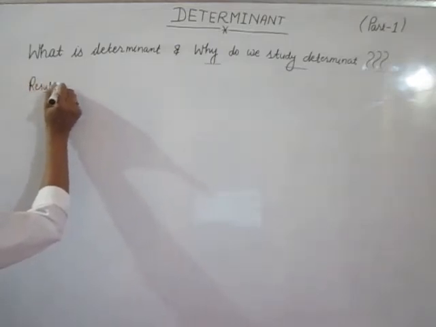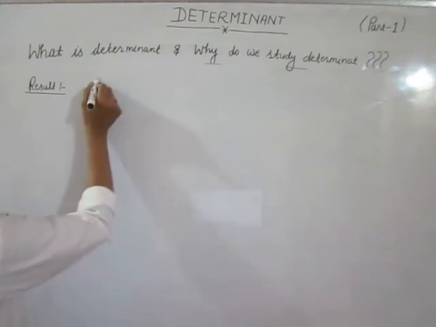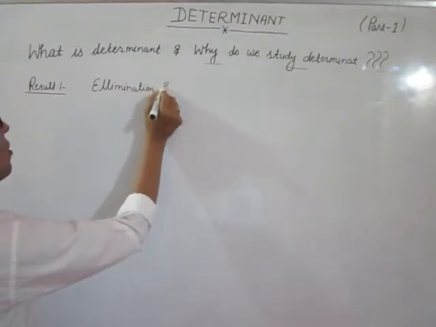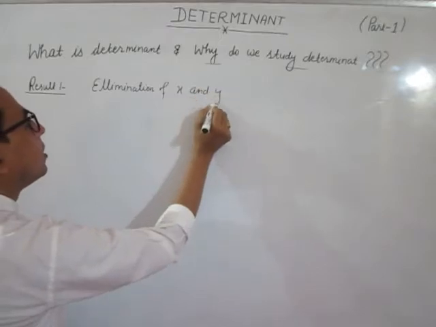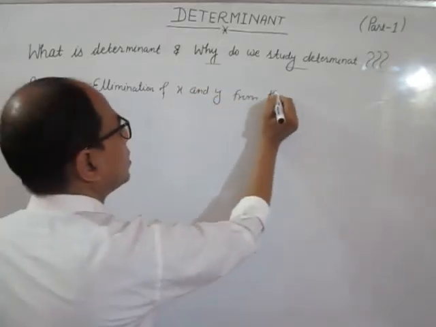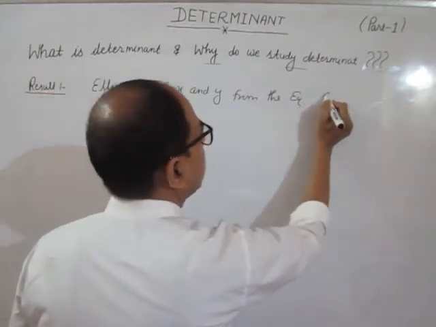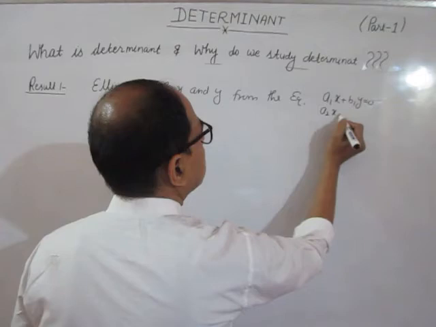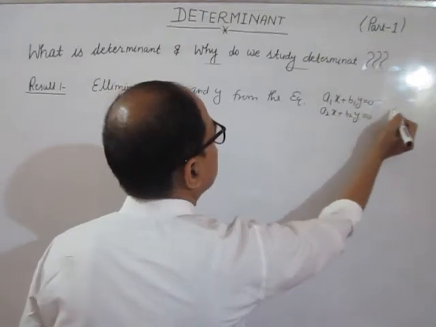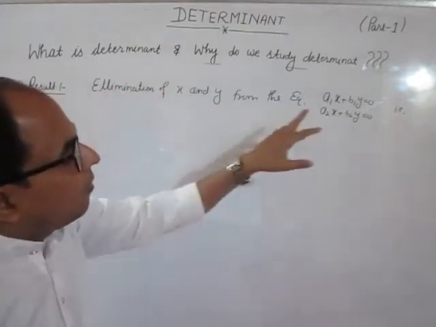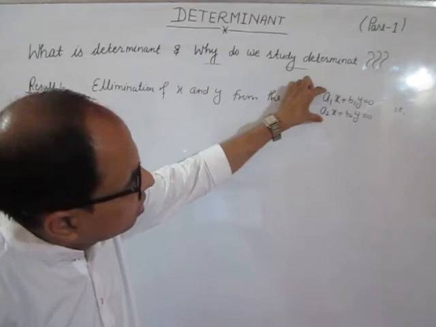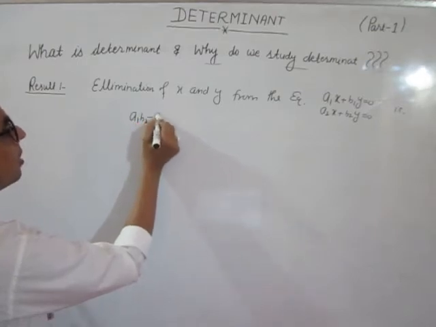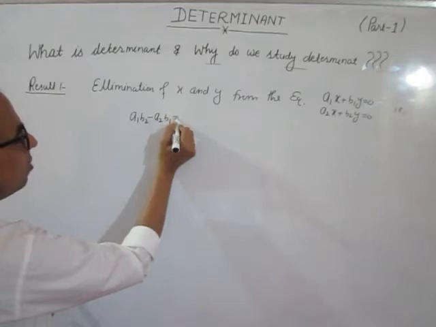Result 1. Now elimination of x and y from the equation a1x plus b1y equal to 0, a2x plus b2y is equal to 0 is, after eliminating x and y from these two equations, we will get the result a1 b2 minus a2 b1 is equal to 0.